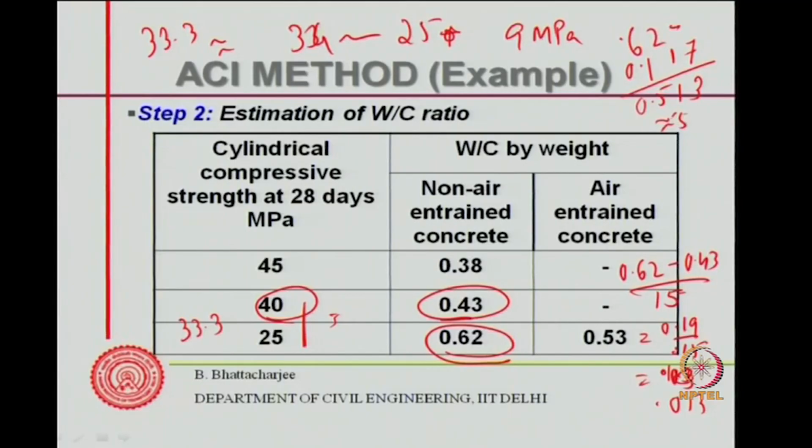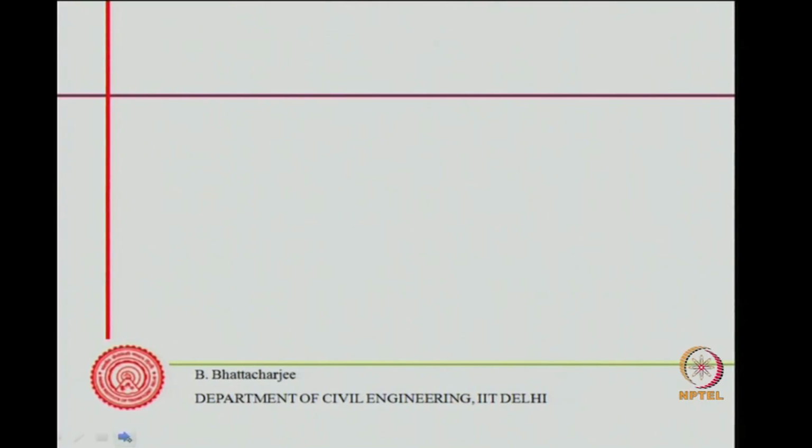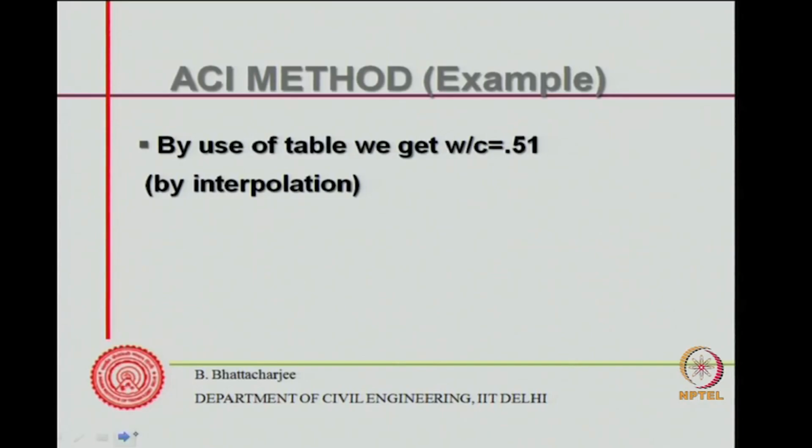So we take it as 0.51 or 0.5. One can interpolate if it is not available, but the actual table gives you a number of values in between. So by use of the table, by interpolation, we can get the water cement ratio as 0.51.